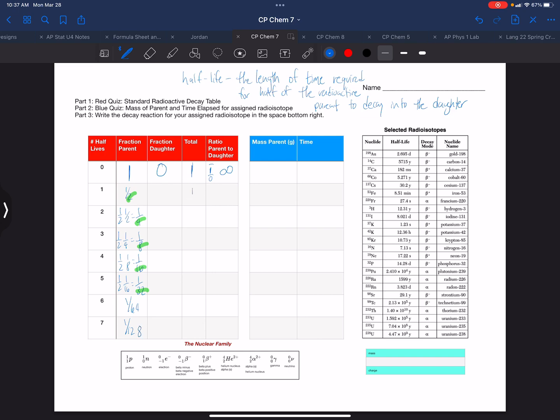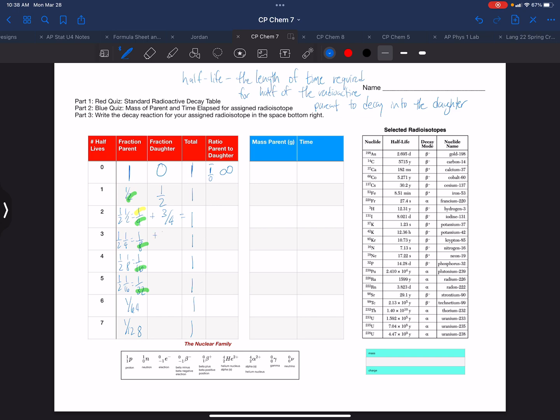Now we know the total must always add up to 1. So that means if it's half parent, it must be half daughter. And if it's 1/4 parent, it must be 3/4 daughter, if it adds up to 1. So 1/4 plus 3/4 equals 1.